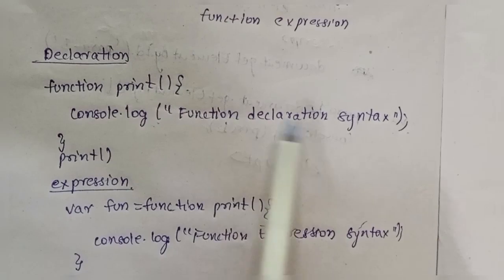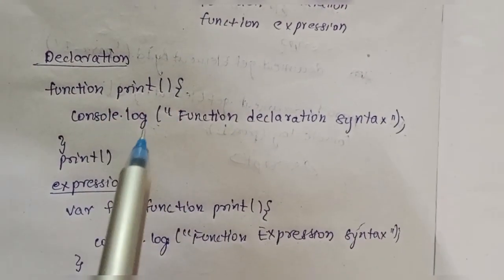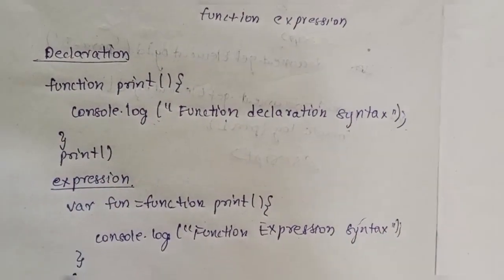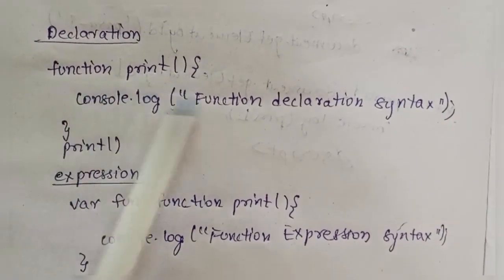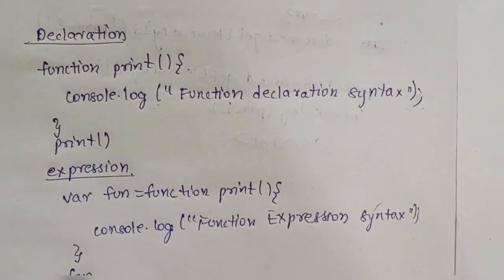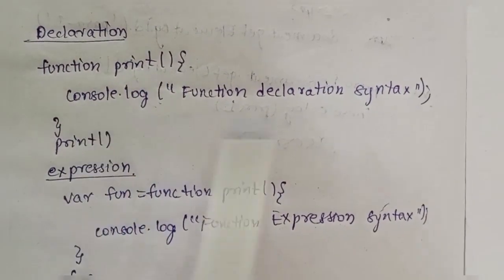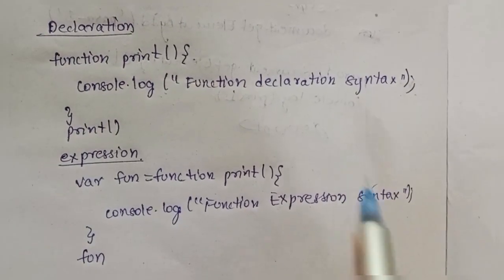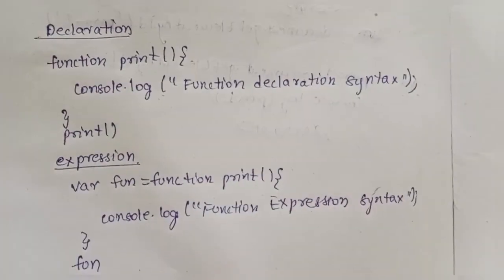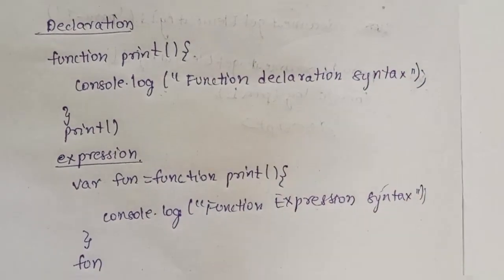We can write hundreds of instructions in a function. This is declaration. When I call this print function, then this function body will be called. Whatever statements or lines are there inside the function, these will all be printed one after the other. So this is the most useful part of a function.